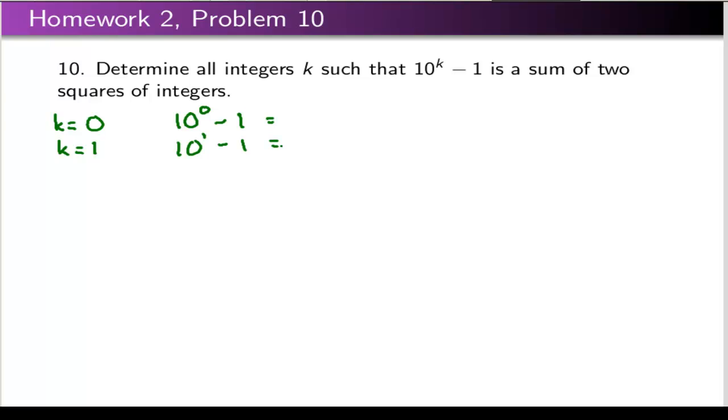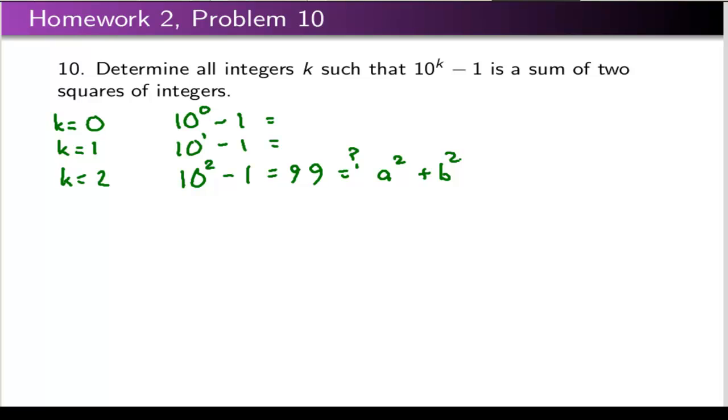K equals 2 is when you first have to start thinking a little bit. There's a question, does this equal a squared plus b squared?